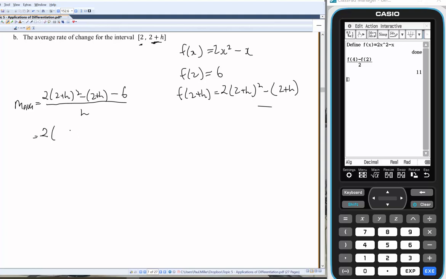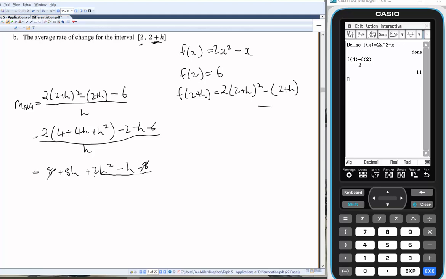So we've got 2, 4 plus 4h plus h squared, just doing the perfect square expansion, take away 2, take away h, take 6, all over h. 8 plus 8h plus 2h squared, take away h, take away 8.